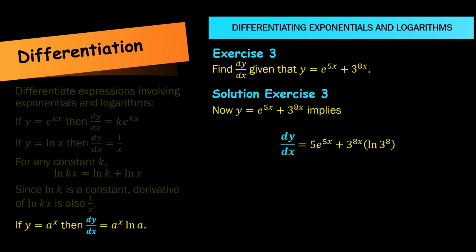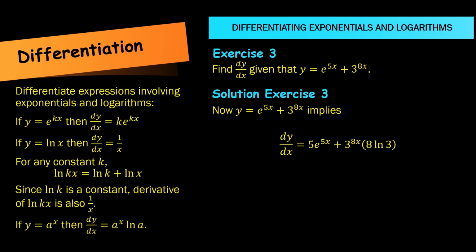Let's now consider the second term. If we plug in a equal to 3 to the power 8, we have that the second term differentiates to 3 to the power 8x times ln 3 to the power 8. And of course, ln 3 to the power 8 is 8 ln 3. And so we have our expression for dy/dx.